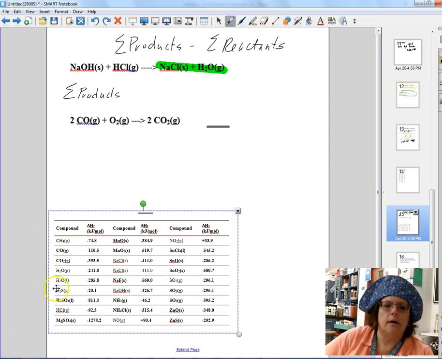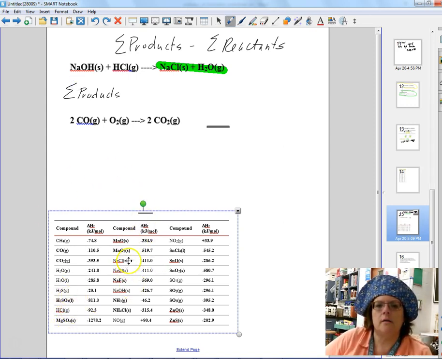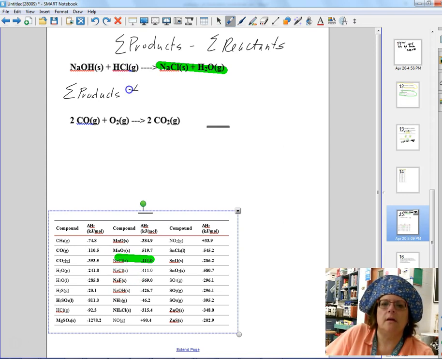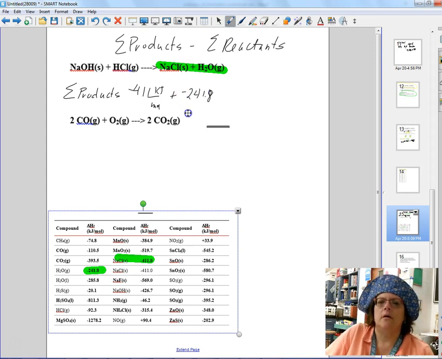Sodium chloride, NaCl, help me look for it, is negative 411 kilojoules per mole. And I'm going to add that to gaseous water, which is negative 241.8 kilojoules per mole.